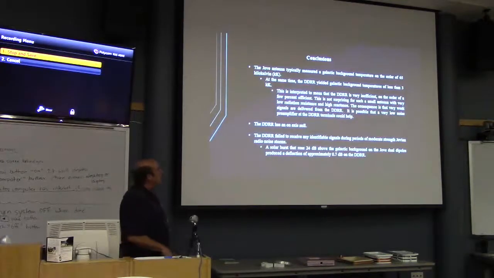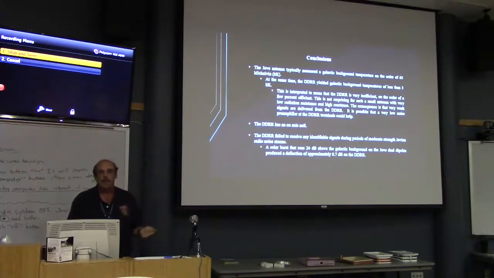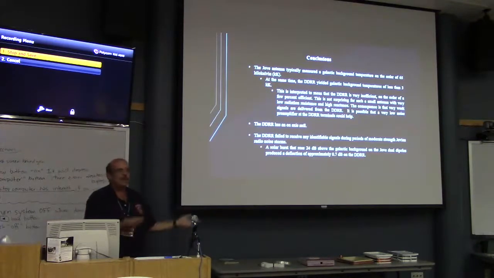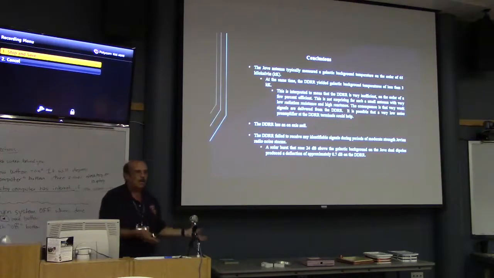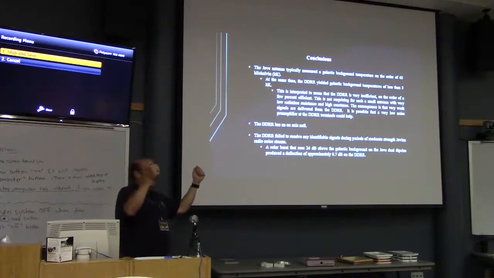So, we came to the conclusion that at the same time the DDRR yielded a galactic background temperature of less than 3 kilokelvin. We interpreted this as the DDRR is terribly inefficient. It's providing almost no signal whatsoever from the antenna to the receiver. The DDRR has a null on the axis. Where all these people were pointing this thing, they were pointing the worst part of the antenna at the object they were trying to see.